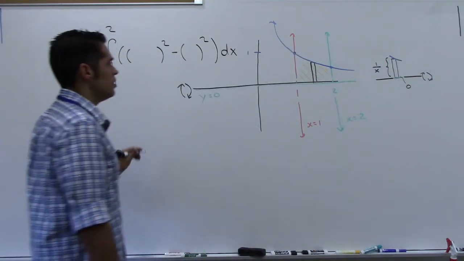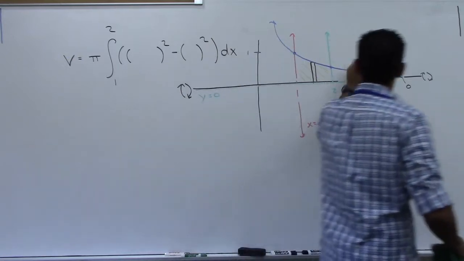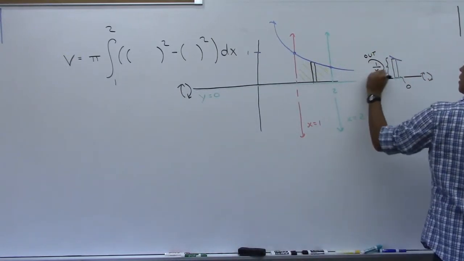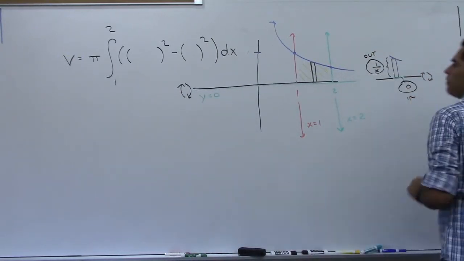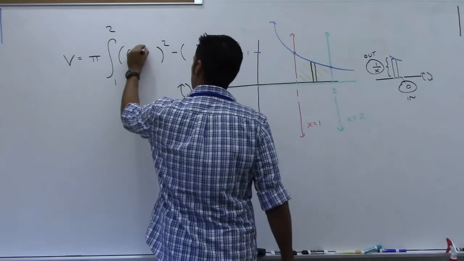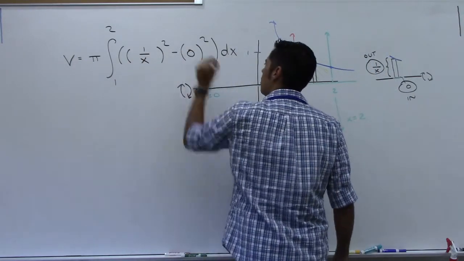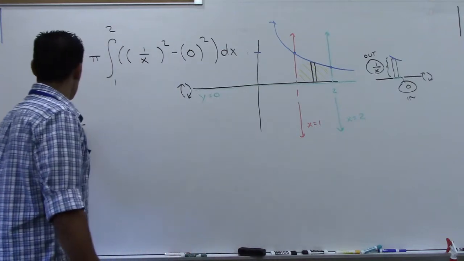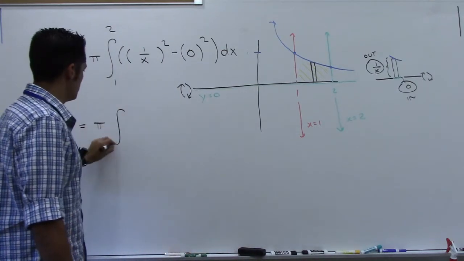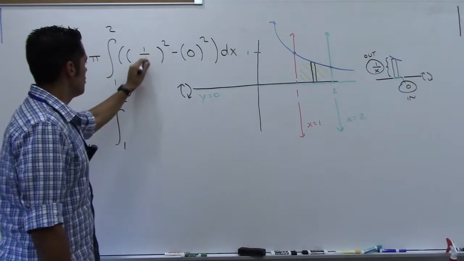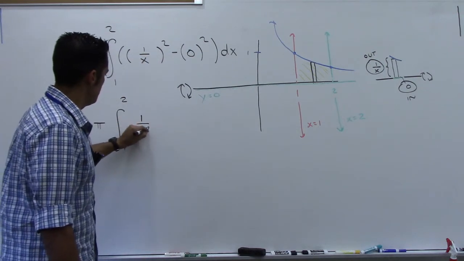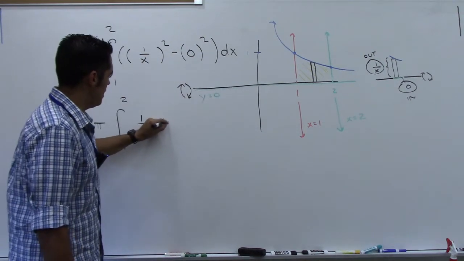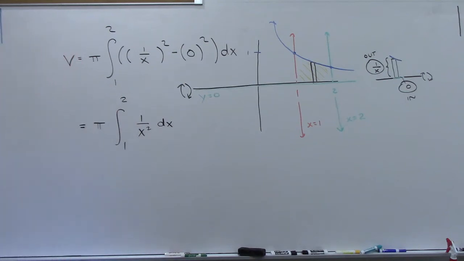So the outer function is, I didn't label this, this is the outer function. This is the inner function. So the outer function, 1 over x squared, and then 0. So this is equal to pi integral 1 to 2. When you square that, you get 1 over x squared. 0's gone, dx, and then the rest of it's pretty clean.